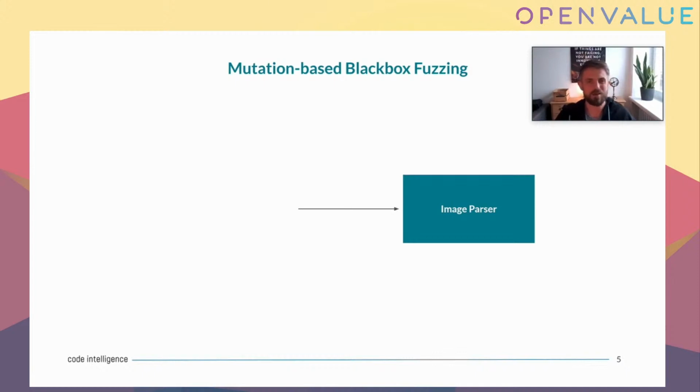So very unlikely. And a lot of the code where a lot of bugs might be happening are somewhere deeply hidden, and you need to provide either valid JPEGs or something which is very similar to a valid JPEG for that. And so there are some limitations if you just do random testing.